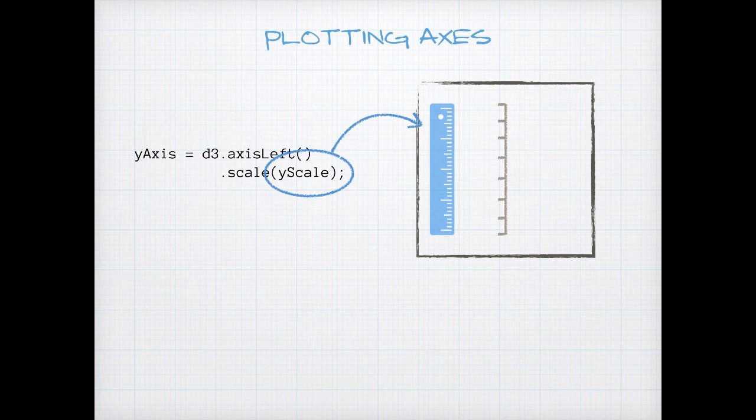There are a couple of really interesting consequences of this. One thing I'd like to point out is it's tempting to think of our variable y-axis as the object itself. But in D3 it really isn't. It's actually a function, and so when we position the axis, we'll need to call that function.